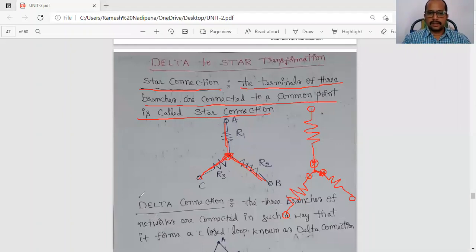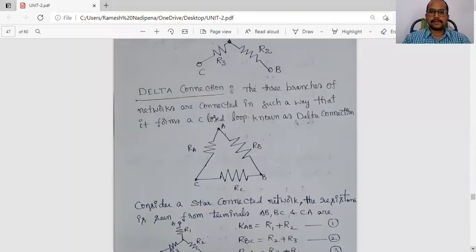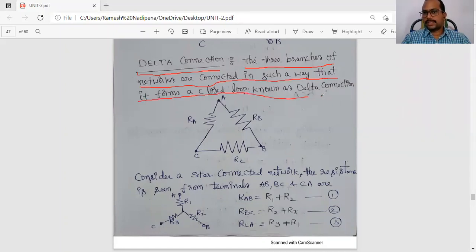Next definition is the delta connection. I'll show you the diagram also. See, the definition of delta connection: the three branches of a network are connected in such a way that they form a closed loop, known as delta connection.